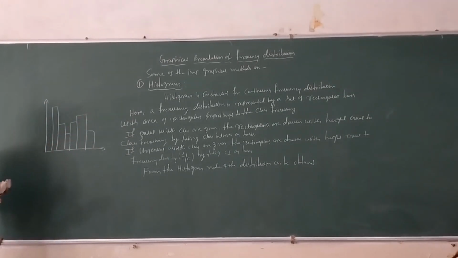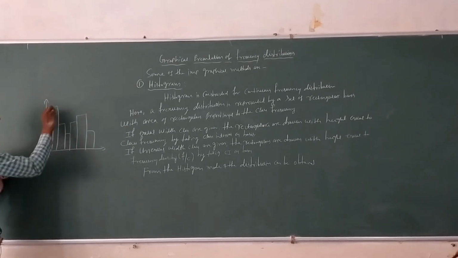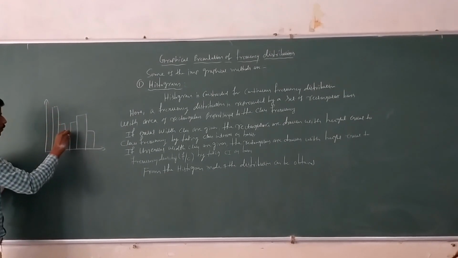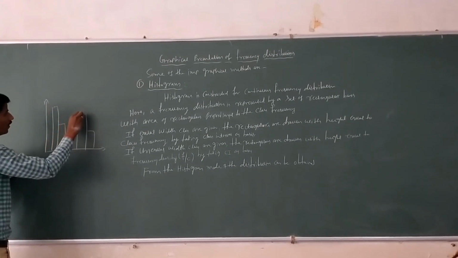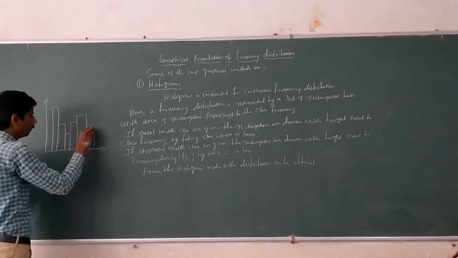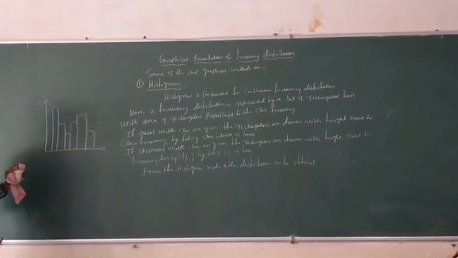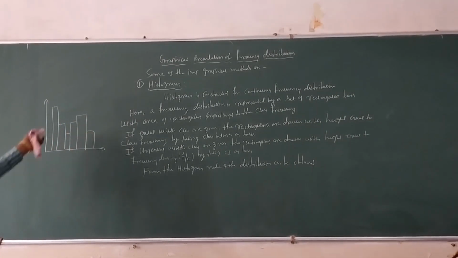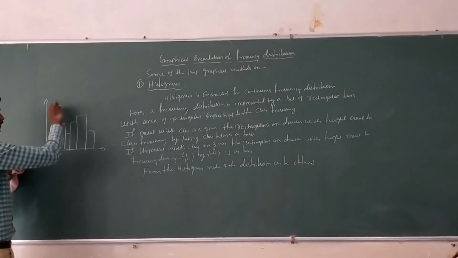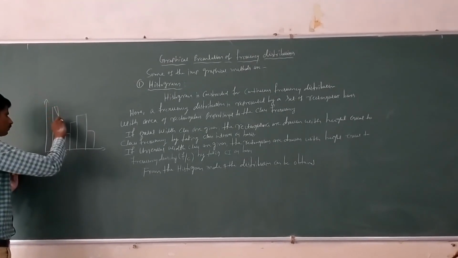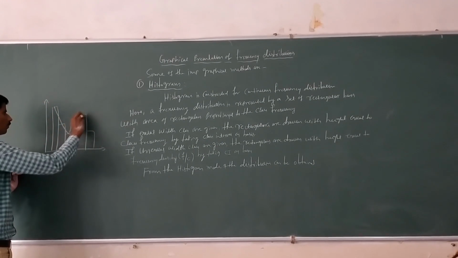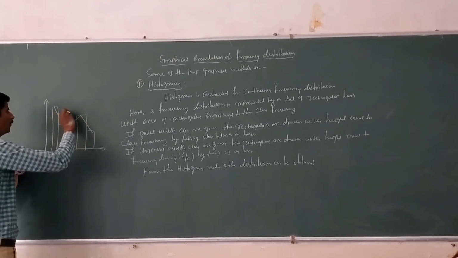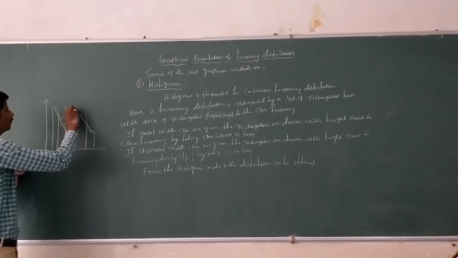Then find the frequency polygon on joining the midpoints of the upper sides of the rectangles by straight lines, then we get a frequency polygon. See. It is said to be a frequency polygon.